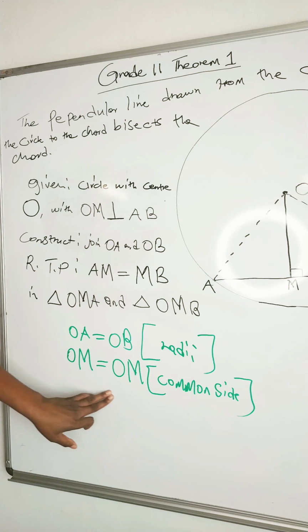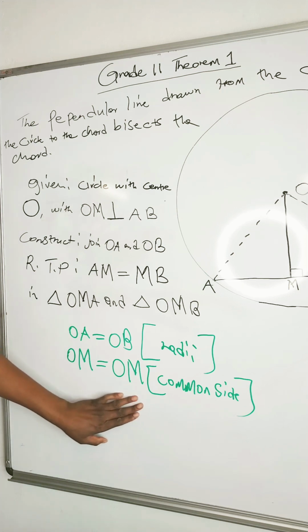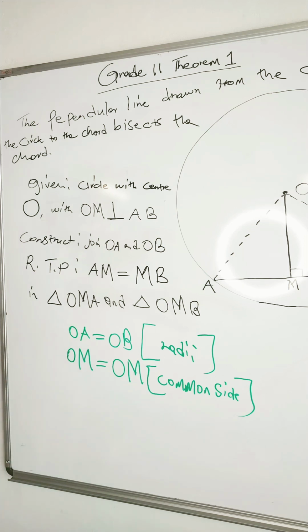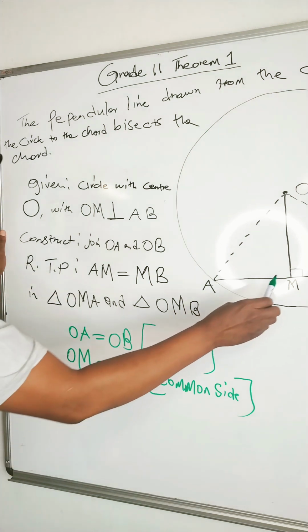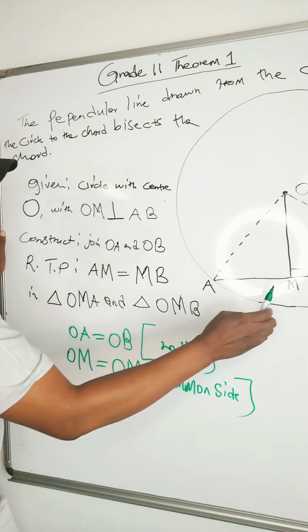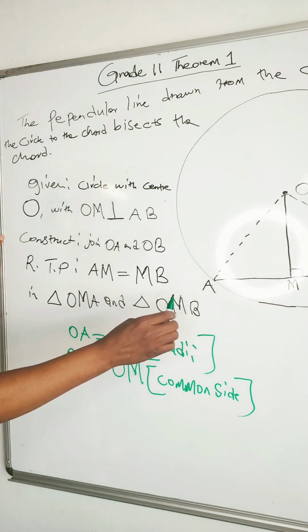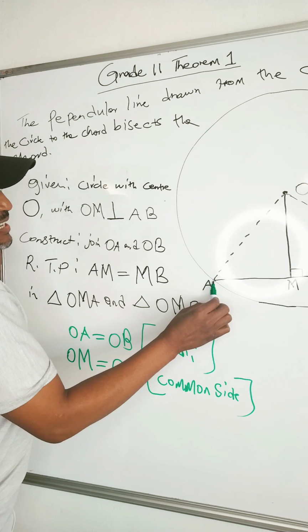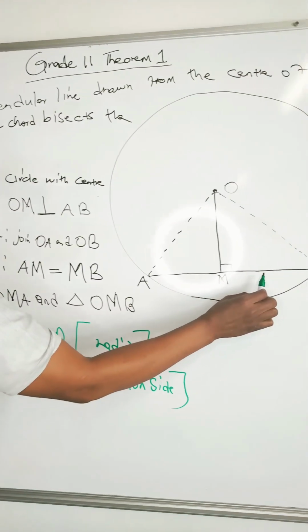Then we need the last statement here. Our last statement is that you can see this angle here. It's 90 degrees, right? It's 90 degrees. But this line, it's a straight line.